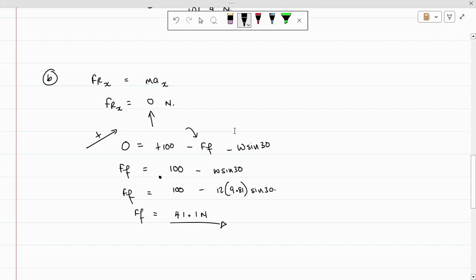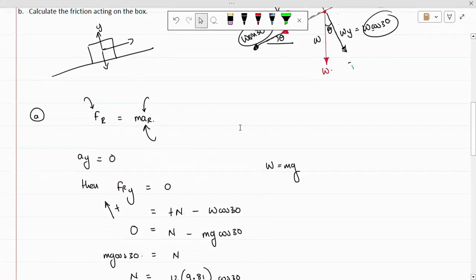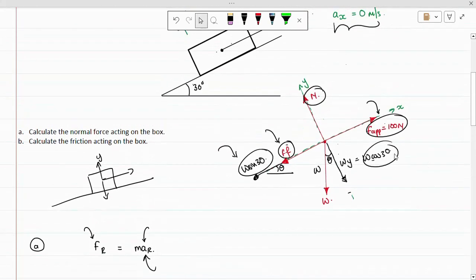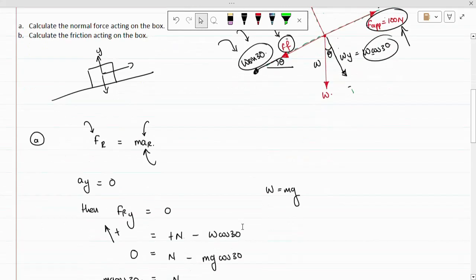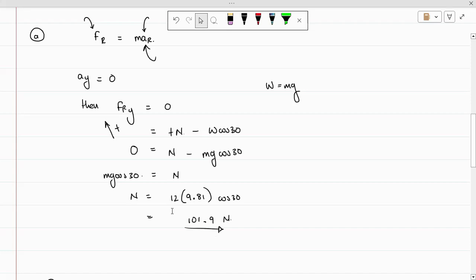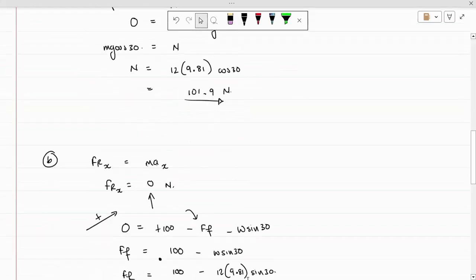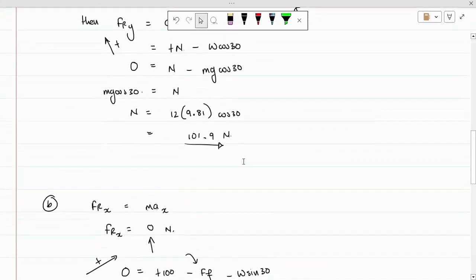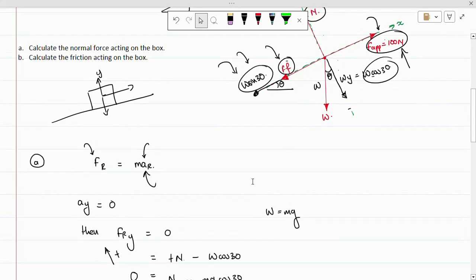So the reason why I was checking if this makes sense is because I thought I'd made the mass a little bit too heavy for this force over here, right? So if the weight were too heavy, it means that this number becomes really big, right? So it would have given us a negative friction. Negative friction basically means that friction is in the opposite direction.